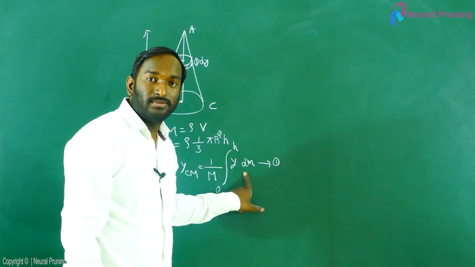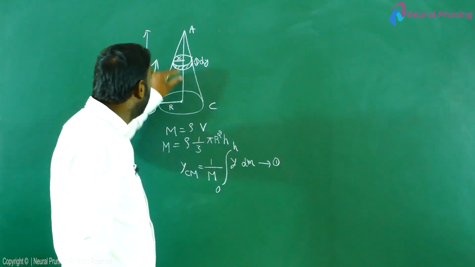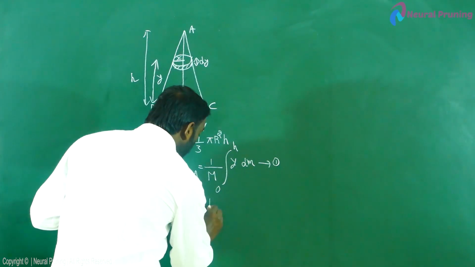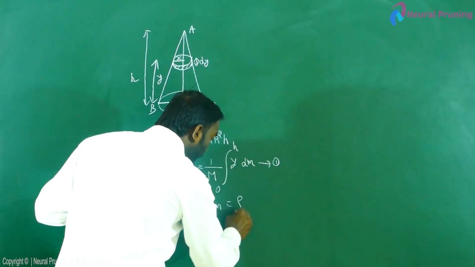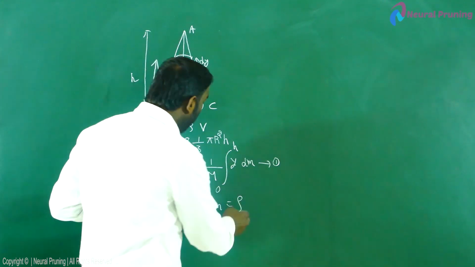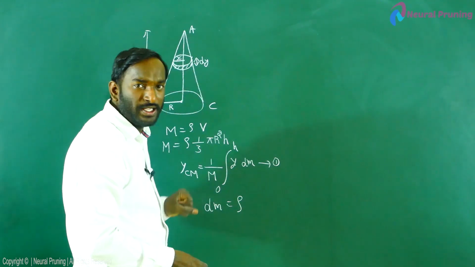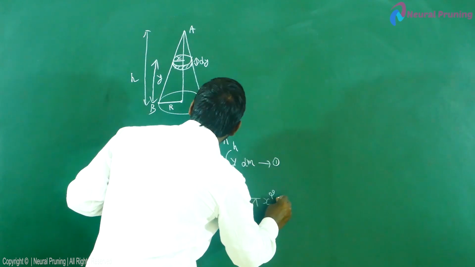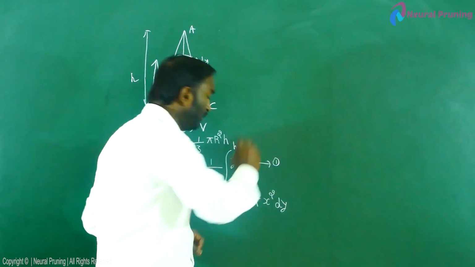Here dm is mass of a small portion of this elementary disk. The dm is equal to density into volume of this small portion. Volume is area into dy, and your area is pi into x square into dy.